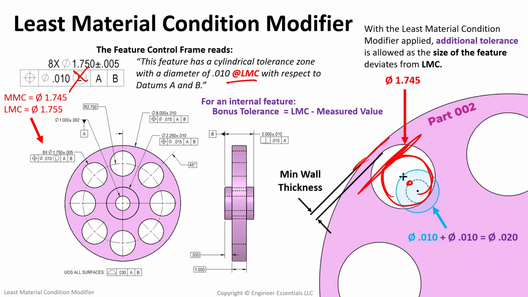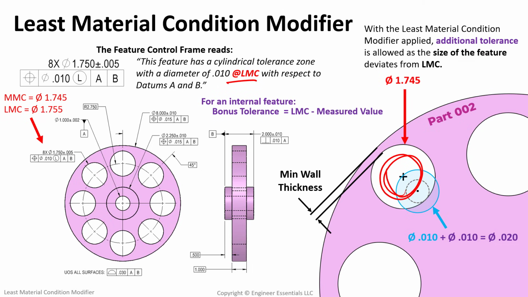One thing I would advise everybody to think about is really make sure you want to use the LMC modifier. More often, I see it misused than I see it used correctly. And one guiding light I always tell people is if there's anything assembling through this hole at all, do not use the LMC modifier.